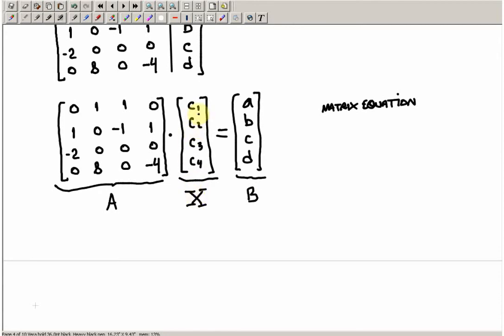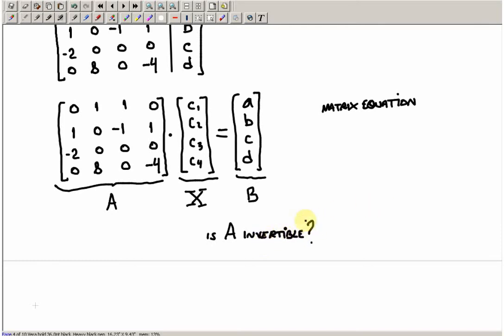To solve this, we can actually find the inverse of A. So the question is, is A invertible?